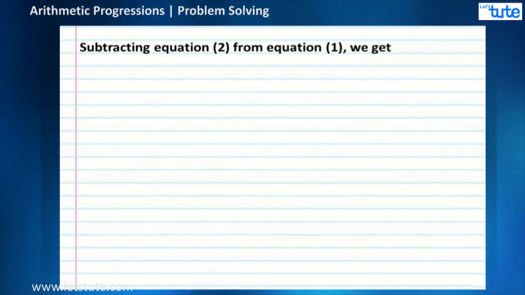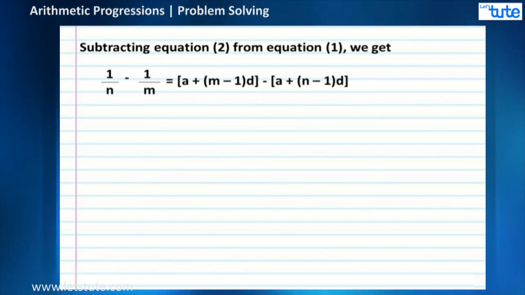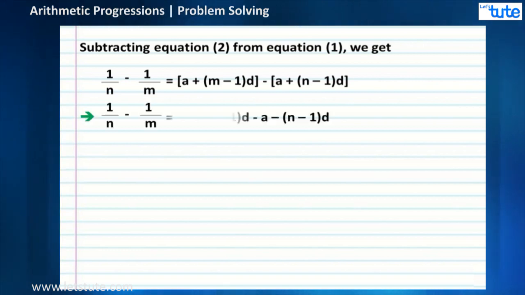Now, as we said earlier, let us subtract equation 2 from equation 1 in order to get the value of d. That becomes 1 upon n minus 1 upon m is equal to a plus m minus 1 into d minus a plus n minus 1 into d. By opening the brackets, we get a plus m minus 1 into d minus a minus n minus 1 into d.